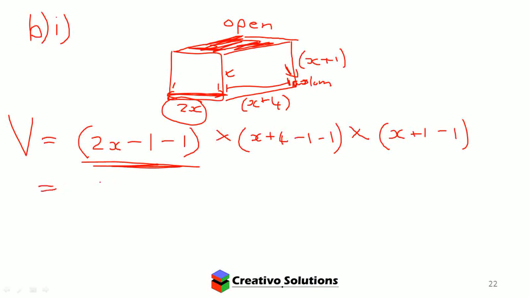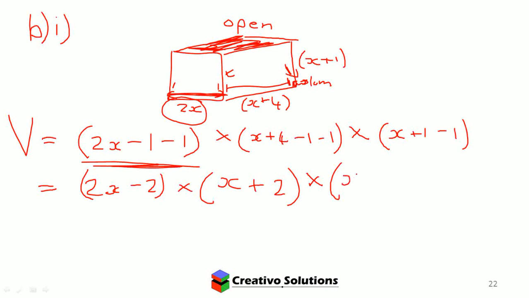Next step is to simplify, so I'm going to have 2x minus 2 here. I'm going to have x plus 4 minus 1 minus 1 plus 2, and I'm going to have times x. Obviously plus 1 minus 1 is 0, so this is going to be x there. So I'm going to have to multiply out.